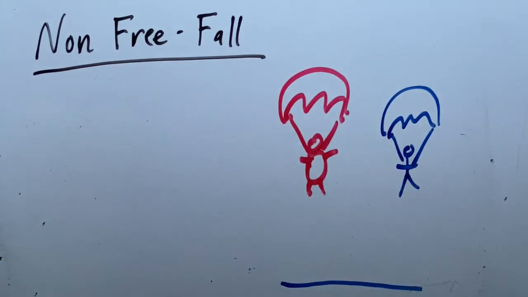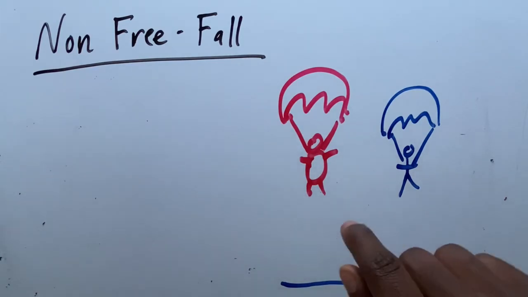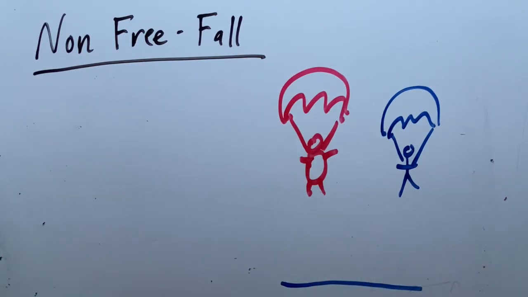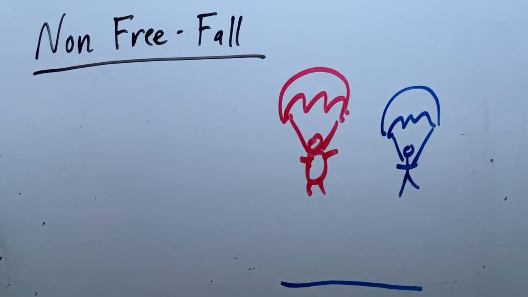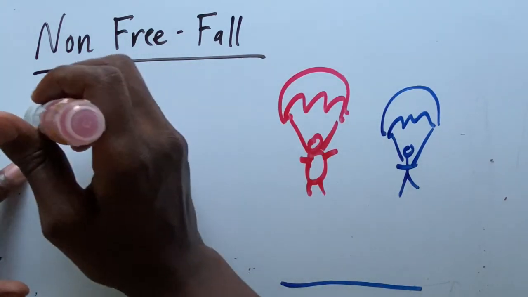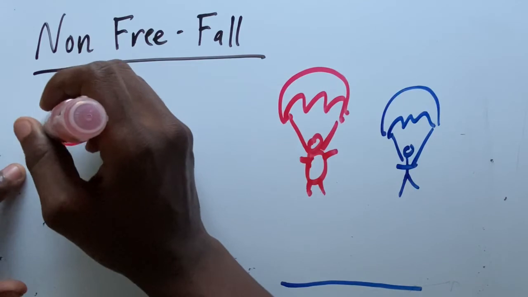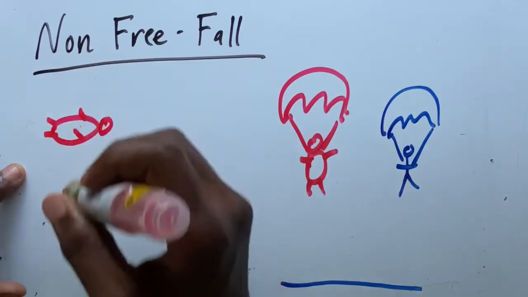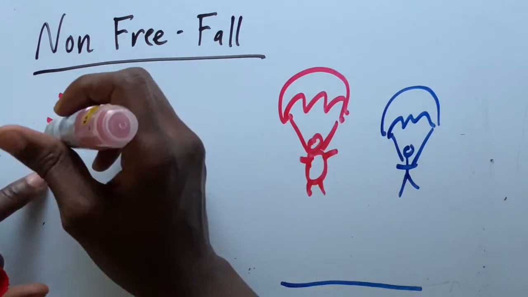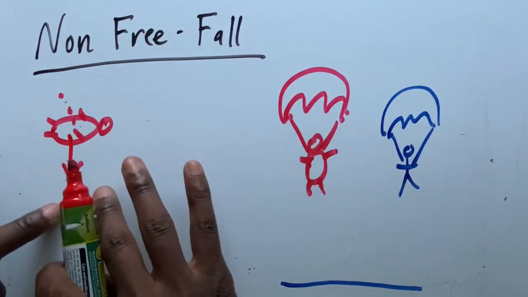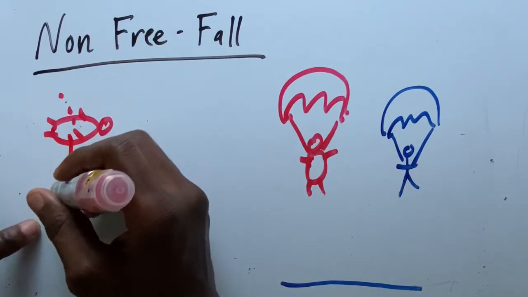But here, let's say this bigger person is falling down. Okay, so let's kind of analyze this from the beginning, right? So let's say the heavier person just jumped out of the plane. Boom. That's the heavier person. He just jumped out of a plane. He's falling downwards with, let's say, 100 newtons.